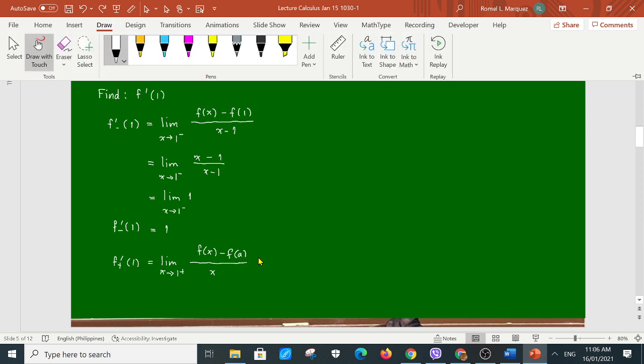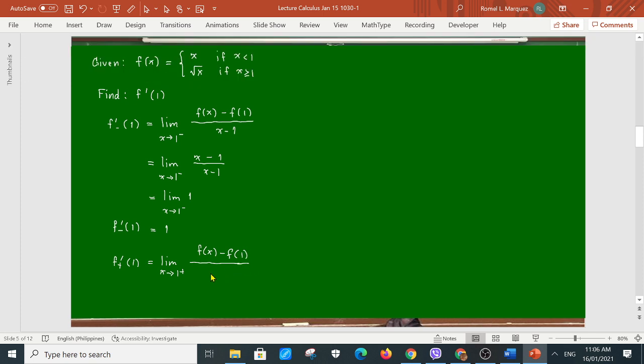Sorry. F of 1 all over x minus 1. And that is equal to limit as x approaches 1 from the right, our f of x when x is to the right of 1 or equal to 1 is square root of x minus, the value is still 1, no? Same because that's function value, all over x minus 1.